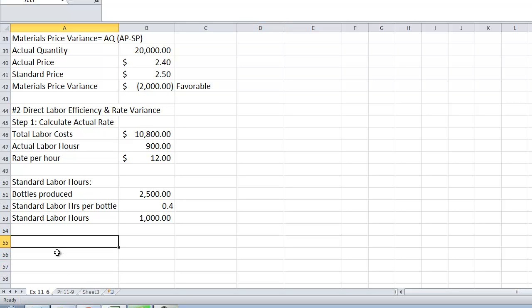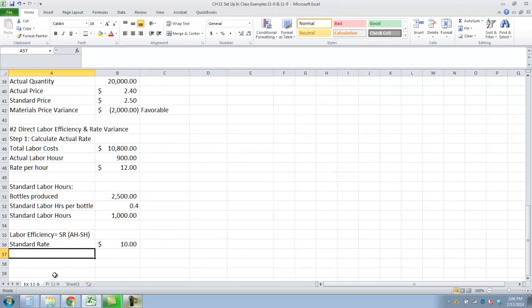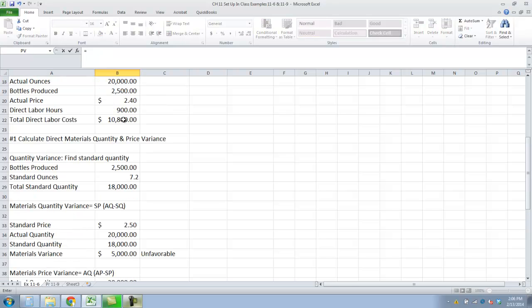So now, labor efficiency variance equals standard rate times actual hours minus standard hours. Okay, so our standard rate for labor is given in the problem at $10 an hour. Our actual hours was given in the problem at 900 hours.